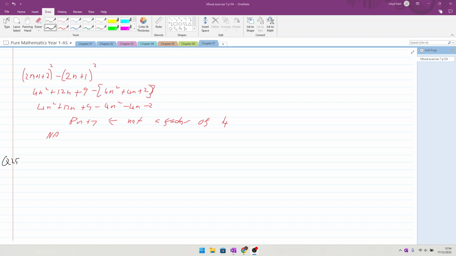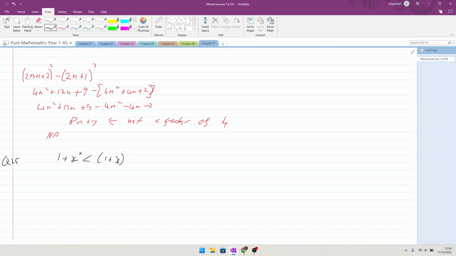Okay, question 25 left to do here. The student is trying to solve 1 plus x squared is greater than 1 plus x squared.